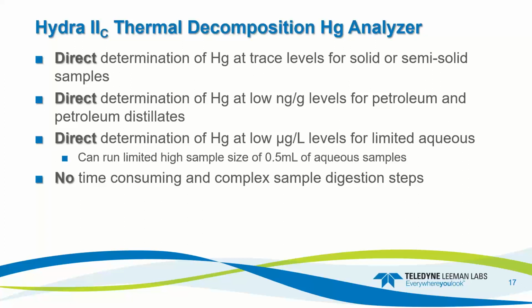You can run a limited sample size of about half of 1 milliliter for aqueous samples, but it's really designed for solids analysis. So that's about the largest sample size that we would recommend. And again, there are no time-consuming and complex sample digestion steps. It's simple.